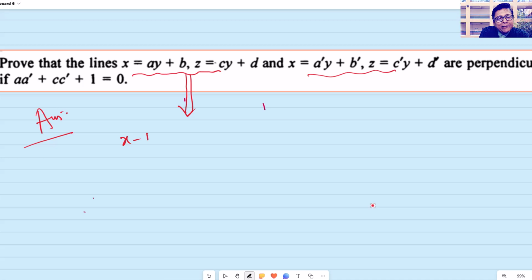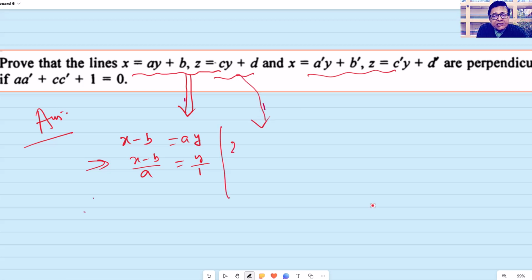So we take b on the left side, ay. So this gives us (x minus b) by a equal to y by 1. You are in class 12. Hope this is not a problem for you. Now take this part. This part is what? z minus d equal to cy.